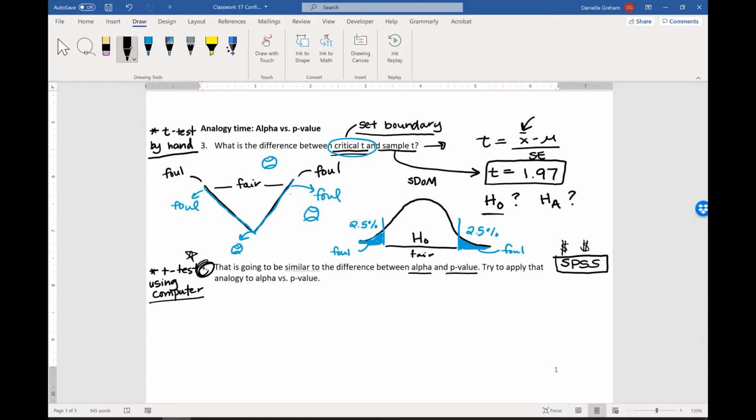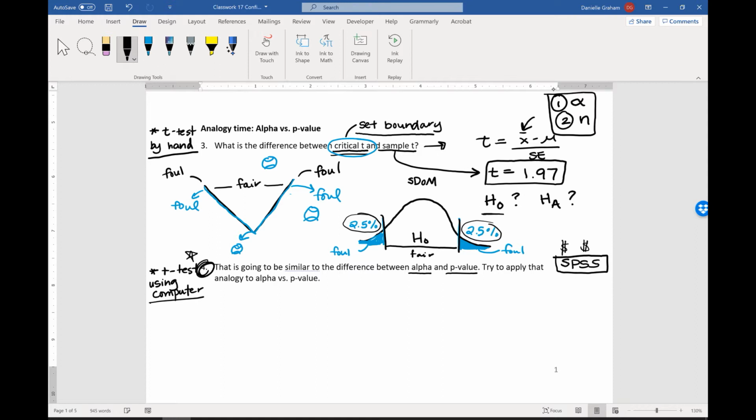These boundaries in our t-test are based on a couple of things. Number one, what is our alpha value? Because that tells me what percent I'm using to set those boundaries. And it also depends on my sample size.